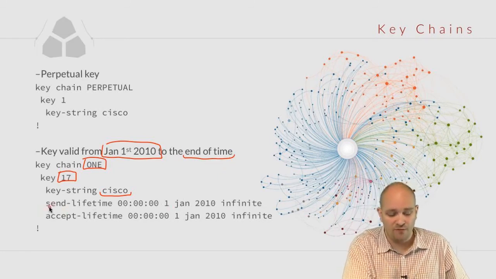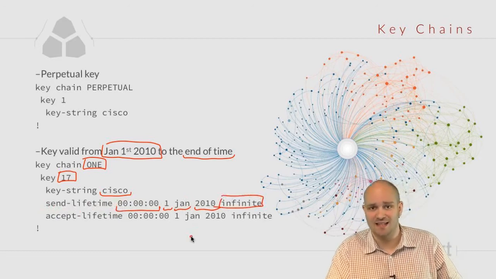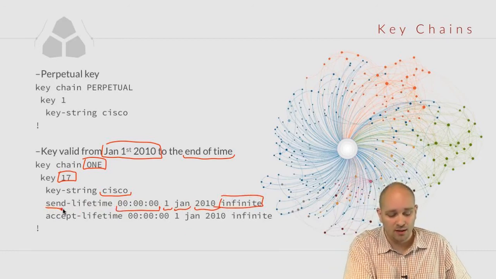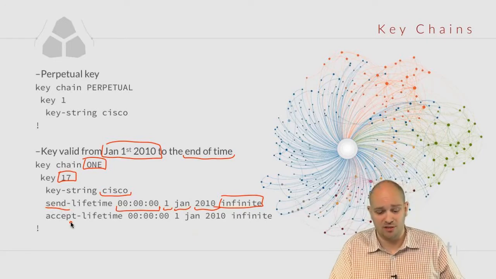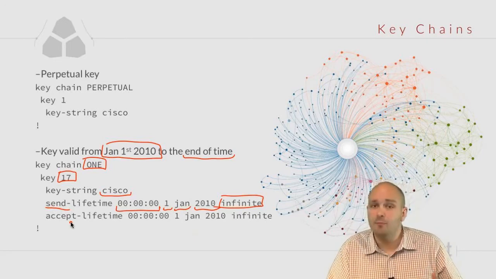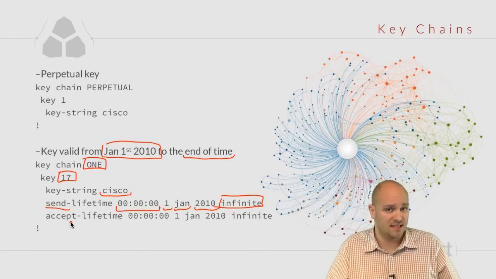So I'm going to define send lifetime beginning at midnight of January the 1st, 2010, and the duration of validity is infinite. And this is the period of time from January the 1st, 2010 until the end of time that I am going to be sending this key whenever I reference this keychain.